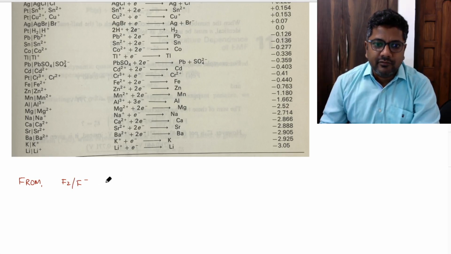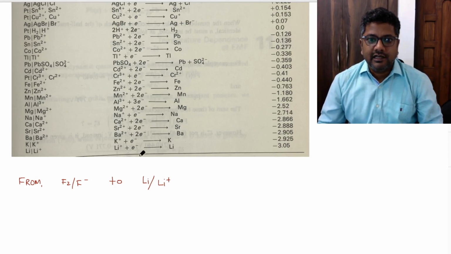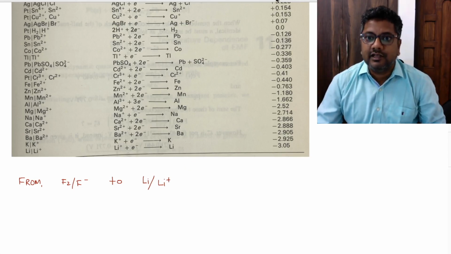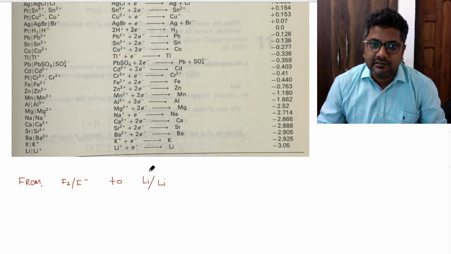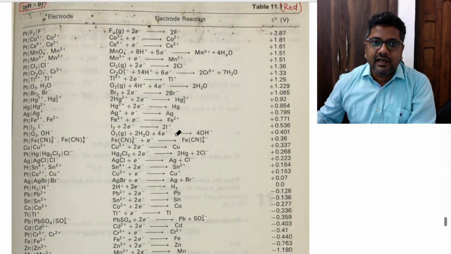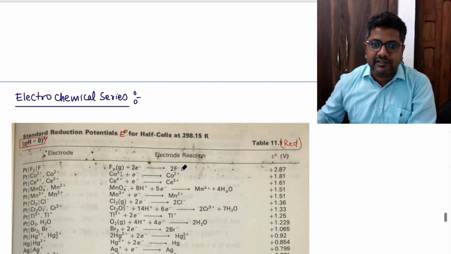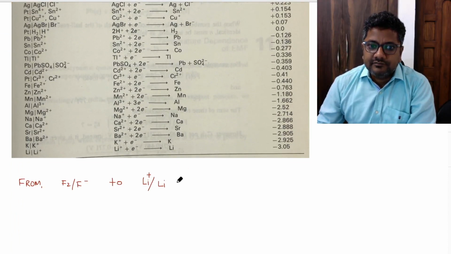So from F2 to F minus to Li plus to Li, not Li to Li plus. Li plus to Li, and from F2 to F minus. Right? E naught reduction.